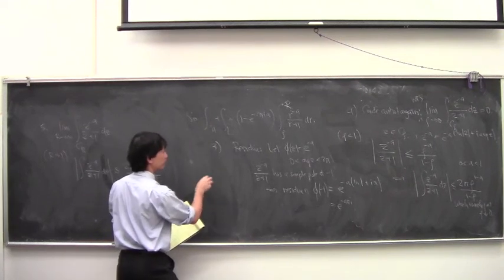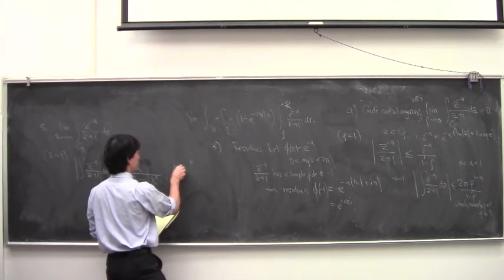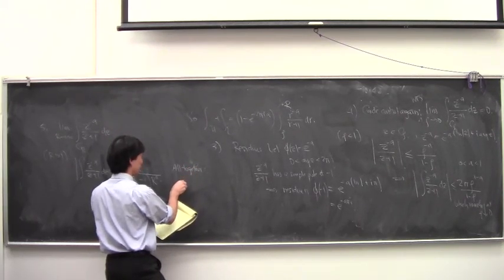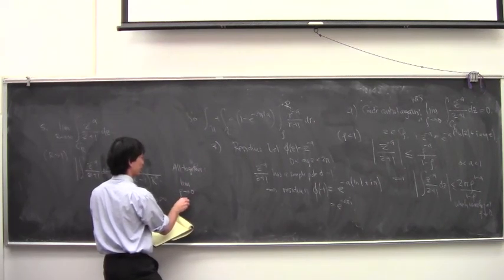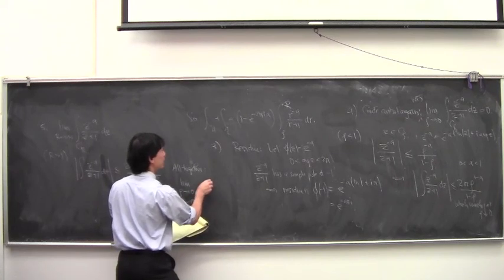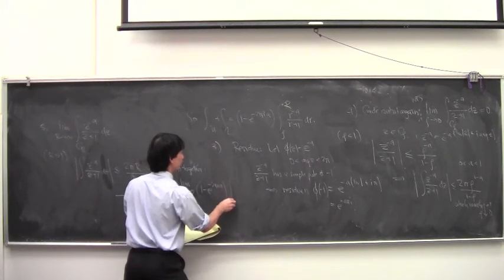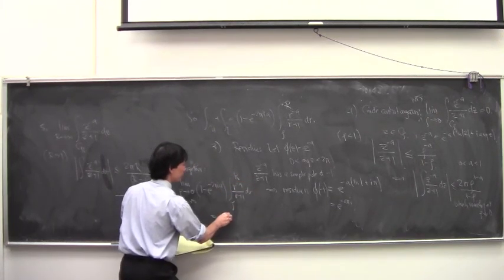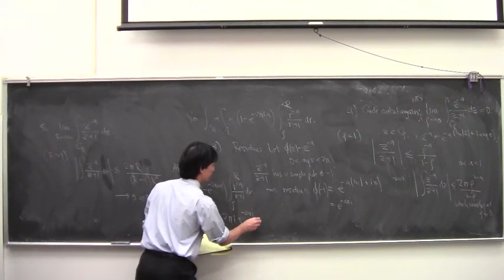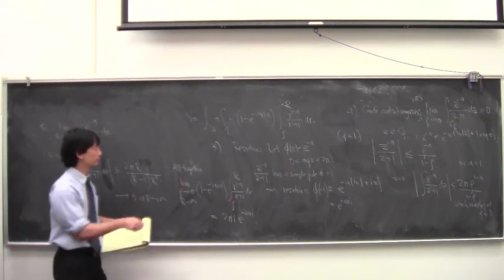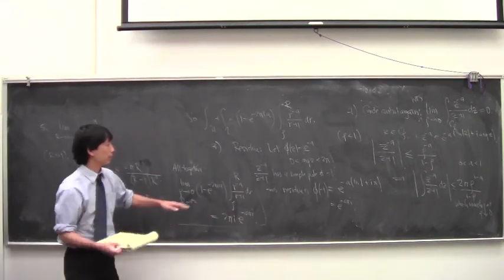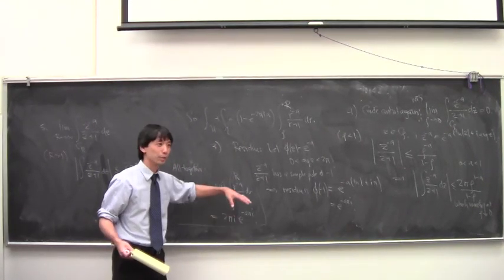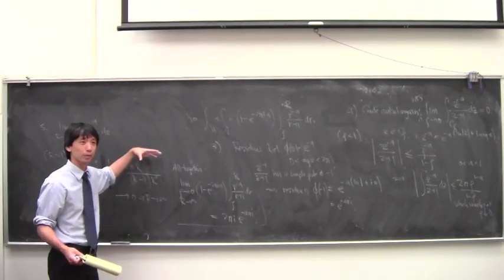Altogether, what we get is that the limit as rho goes to 0 and r goes to infinity of 1 minus e to the negative 2 pi I a times the integral of r to the minus a over r plus 1 dr equals 2 pi I e to the negative a pi I. Because this is going to equal the residue plus the integral over those curves, but the integrals over those curves go to 0.